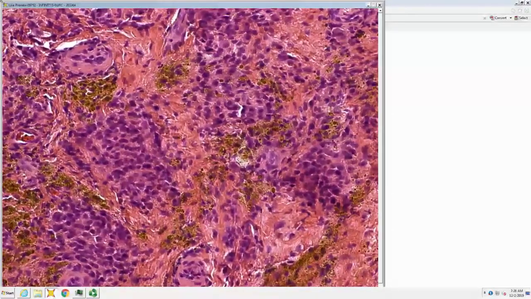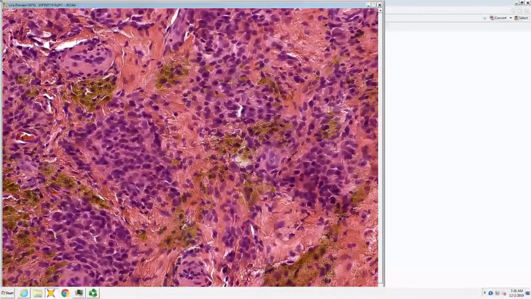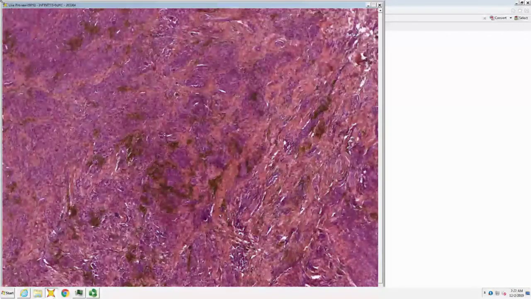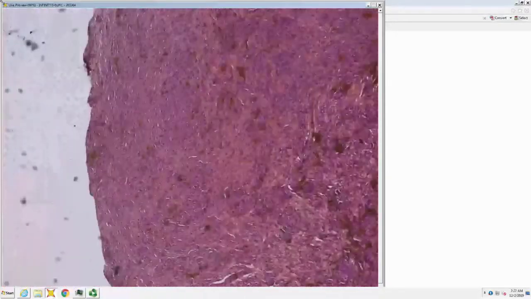Melanin doesn't twinkle, and hemosiderin does. It's refractile. So the slight greenish yellow hues to the brown and the refractility tell you that it's hemosiderin, not melanin.